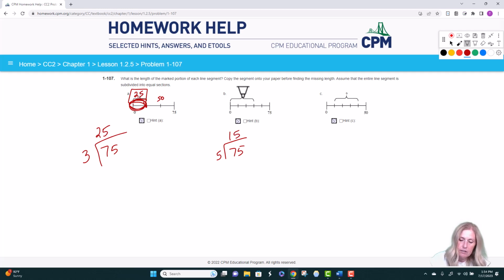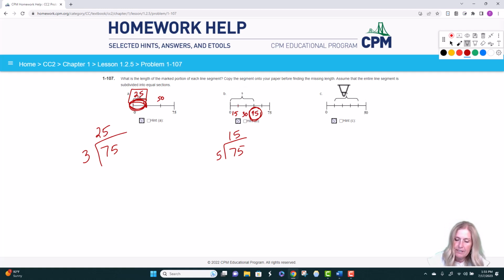This time, they want to know what 3 of those sections represent. The first tick is 15. Add another 15, you're at 30. Add another 15, you're at 45. Those 3 sections represent 45.